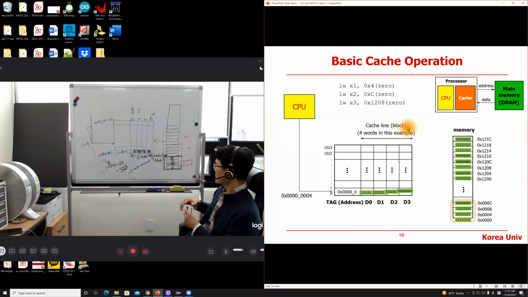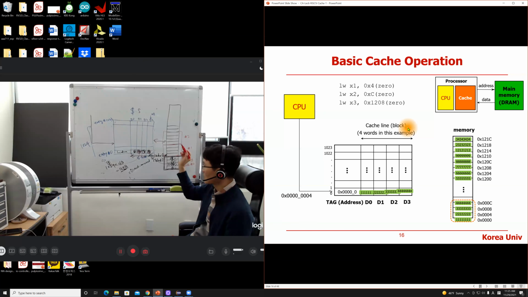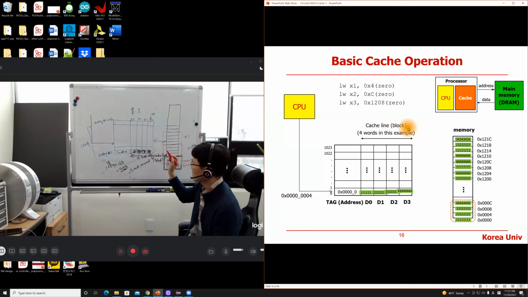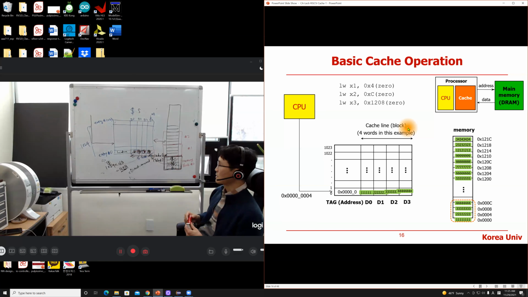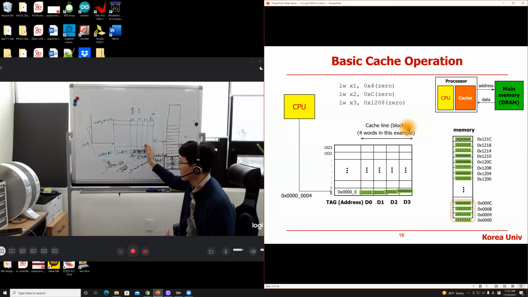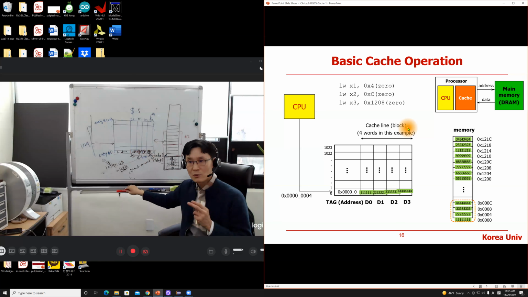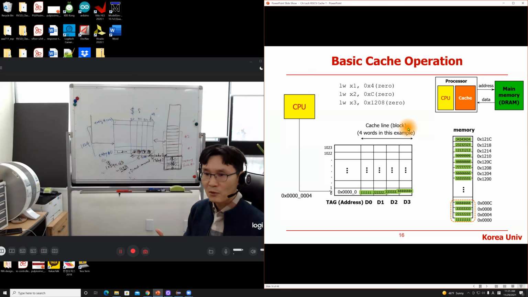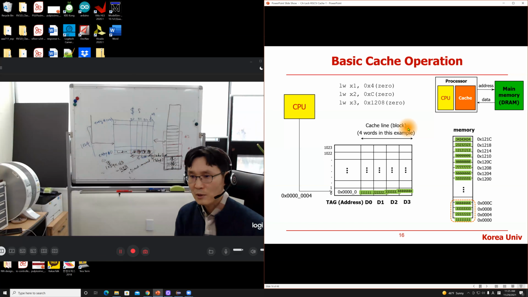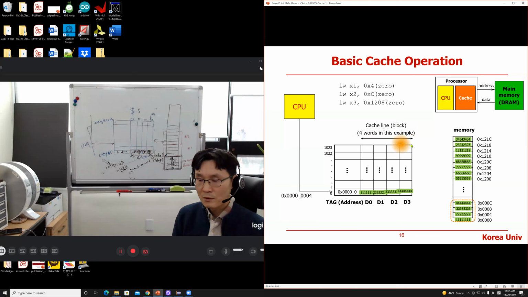Next, spatial locality: next time you request its neighbor, I already have that data in the cache, so I can provide that information. So with the cache, we want to exploit the spatial locality and temporal locality properties by using this long cache line.